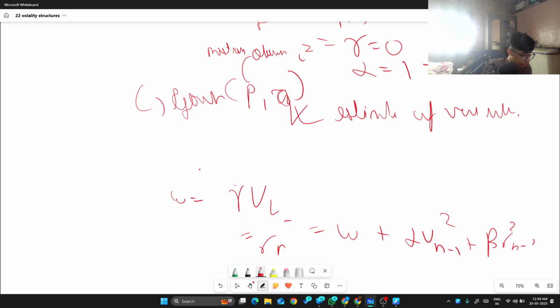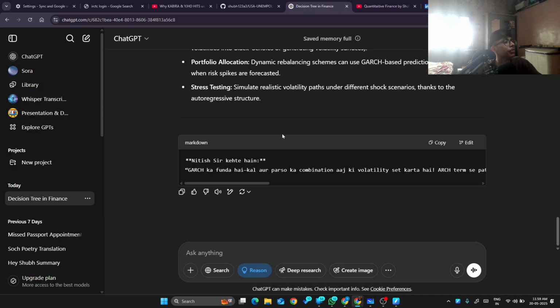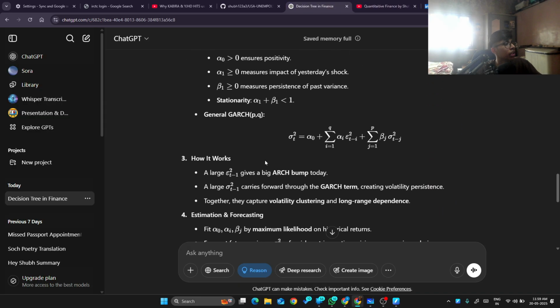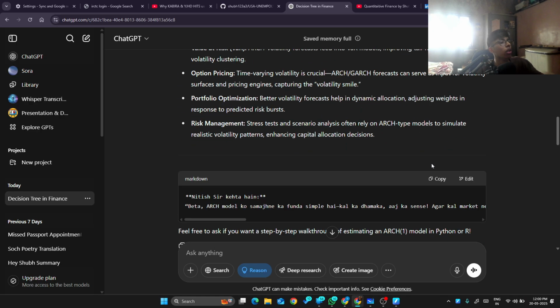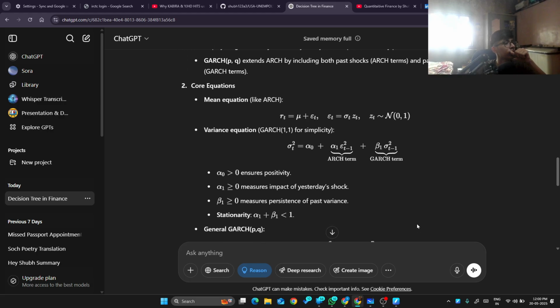Okay, and I have to show this, and it is important. For a GARCH model, this is our ARCH term and this is a GARCH term. The alpha, that is the first weight, is the impact of yesterday, and beta is the past variance rate, that is this.